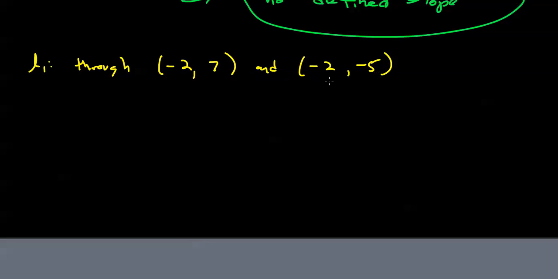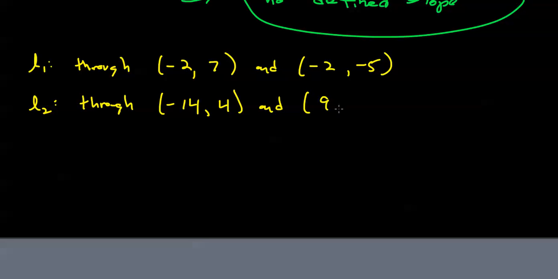And remember, all you need is 2 points to determine a line, really. And consider L2 through these 2 points. Minus 14, 4, and 9, 4. Alright. Now, I suppose you could jump to the calculator and start punching buttons, but I'm hoping we could be a little more observant here.